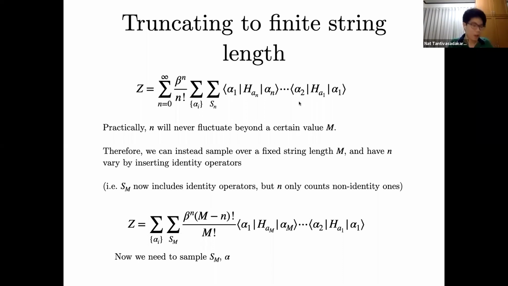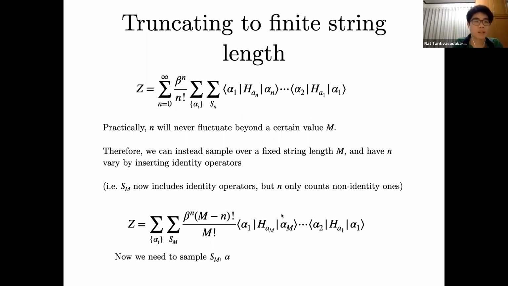Instead of allowing only terms in the Hamiltonian, I allow those in addition to the identity operator. So now I want my string to also allow identity operators, and I sample over a fixed string length.